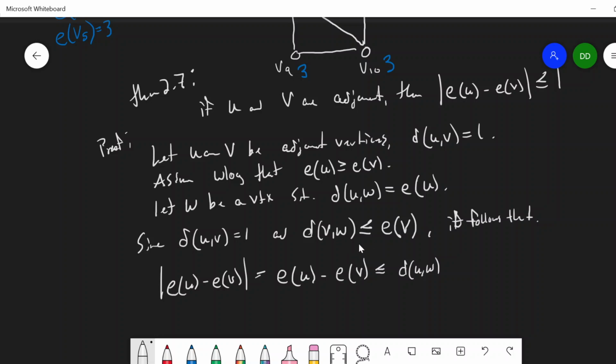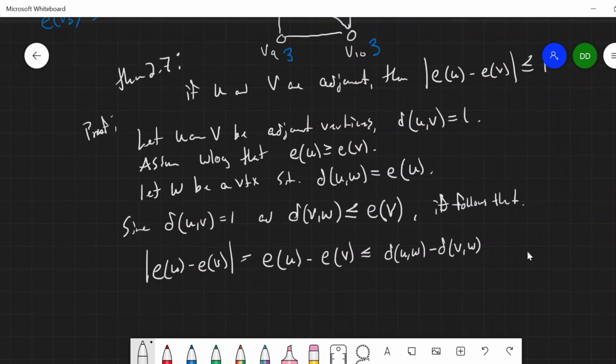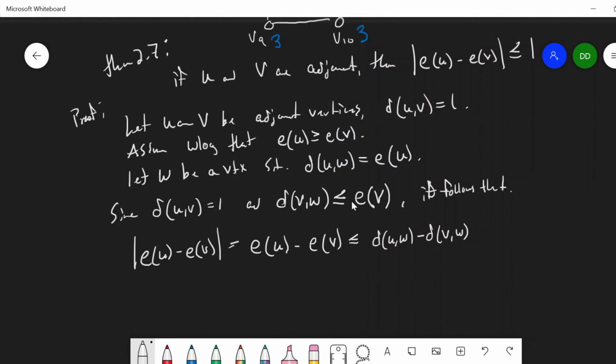This will be less than or equal to minus the distance from V to W. I took the negative of these, so that flips the inequality: negative eccentricity of V is less than or equal to negative distance from V to W.